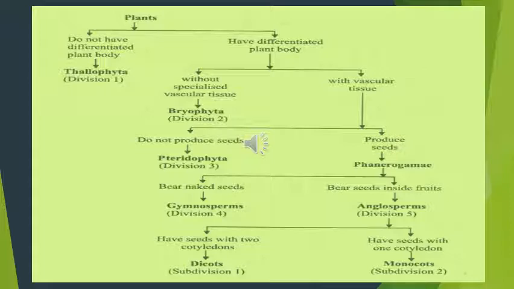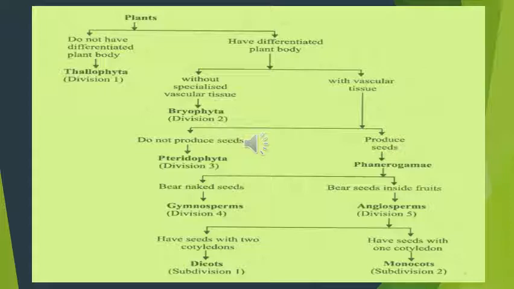The first one is division Thallophyta, second is division Bryophyta, third one is division Pteridophyta, fourth division is Gymnosperm and fifth one is Angiosperm.